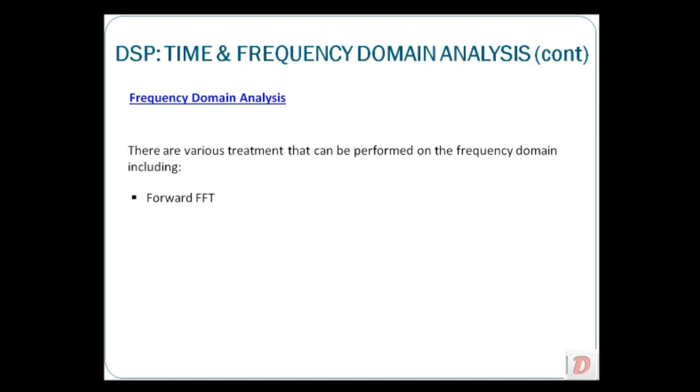Like what I showed you last week, you have 10 hertz, 20 hertz, 30 hertz. So you know each frequency component, which frequency is more dominant, higher in terms of amplitude, and to what extent. That can be done easily in the frequency domain.